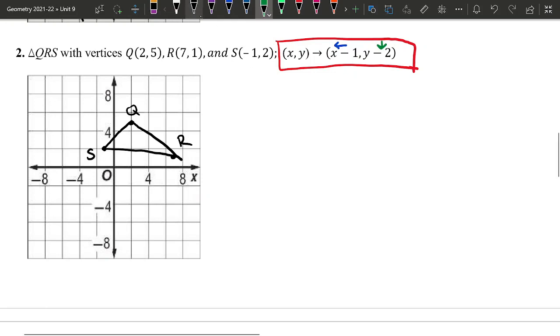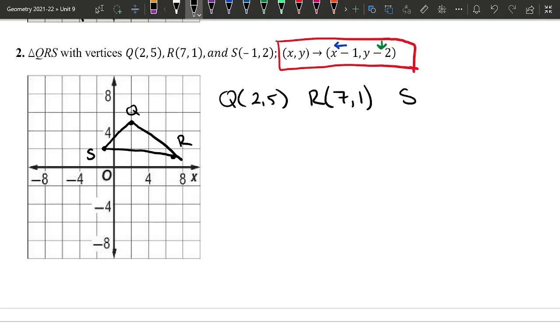All right, I am going to rewrite these points because they're not as convenient as the last problem. So I'm going to have point Q at (2, 5), R at (7, 1), I'm just rewriting what was given in the problem, and S is at (-1, 2). And then I'm going to subtract 1 because it says x minus 1. So what that rule is saying is the point (x, y) becomes, which is the arrow, (x - 1, y - 2).